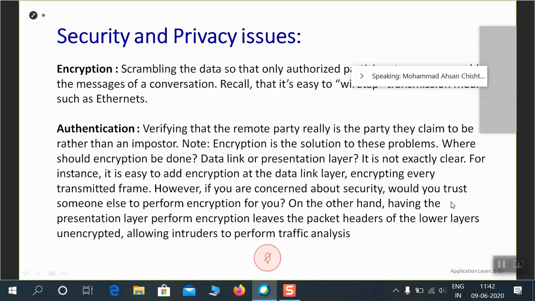Let's take the last part of it, that is security and privacy issues. Now you need to send information across the network which nobody else should be able to comprehend or take.